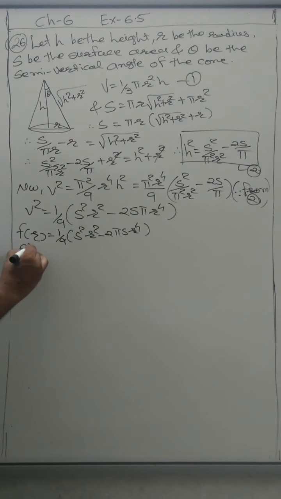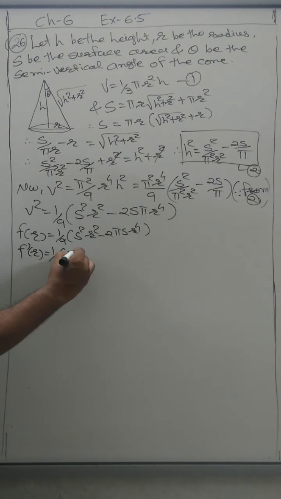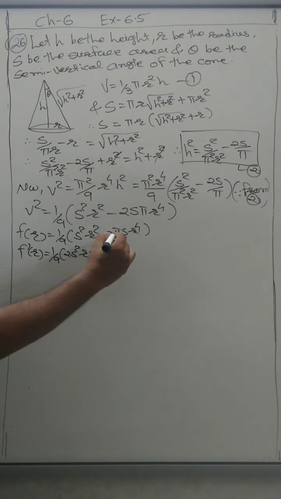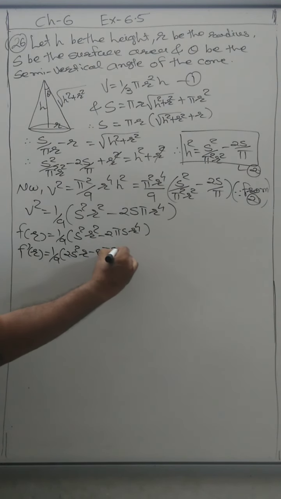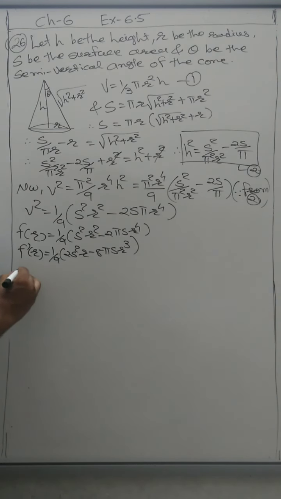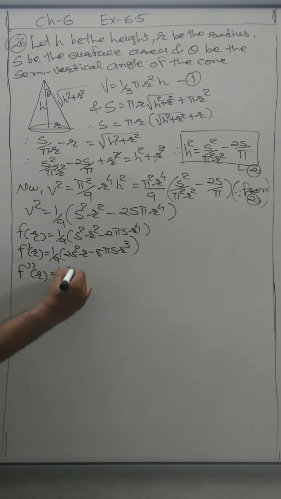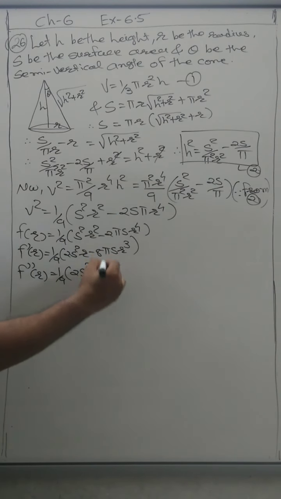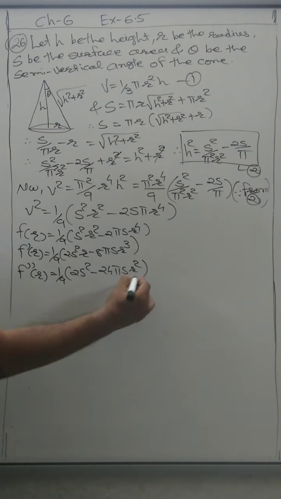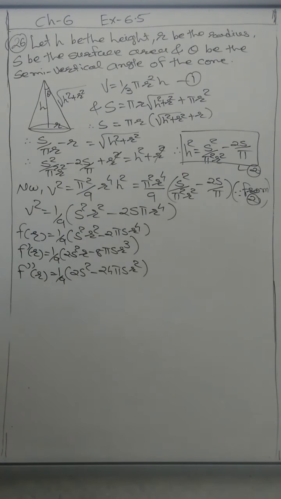We get f dash r, which is 1 by 9 times 2 s square r minus 8 pi s r cube. Again we differentiate, and we get 2 s square minus 24 pi s r square.